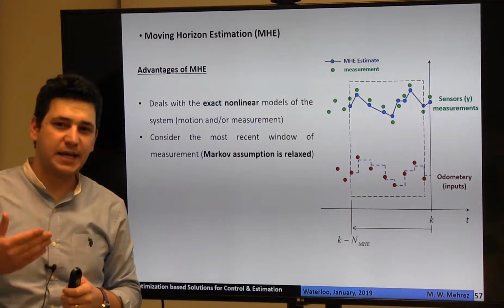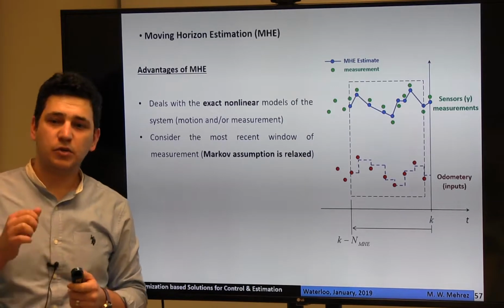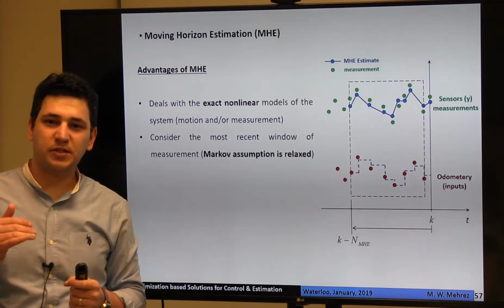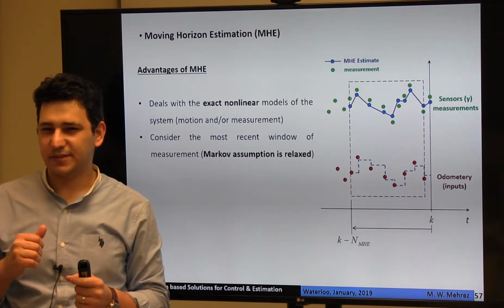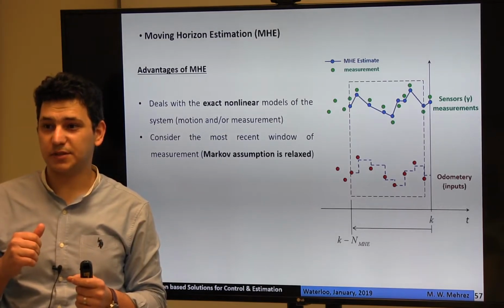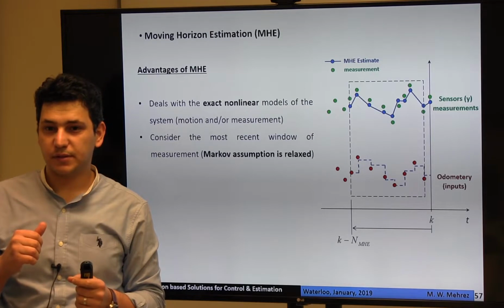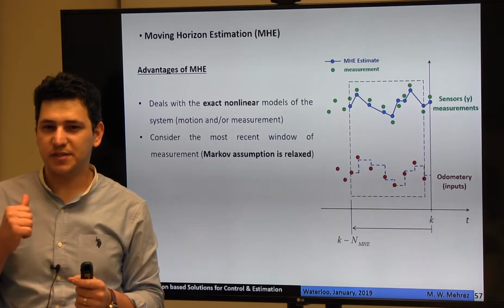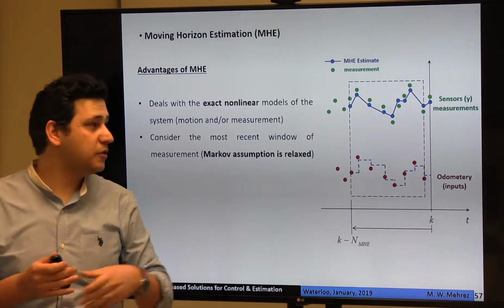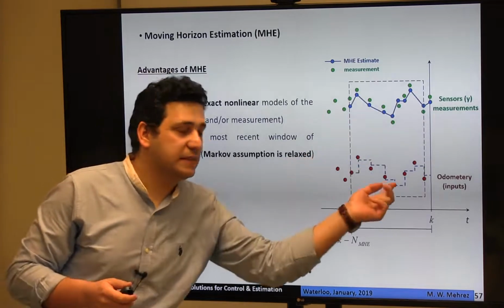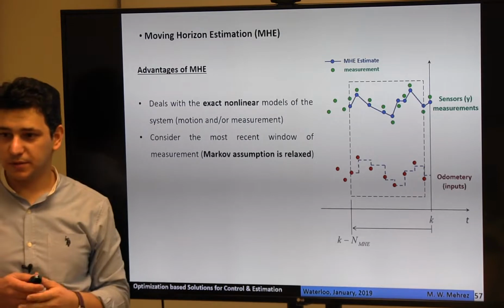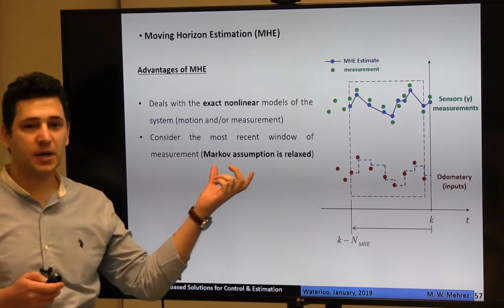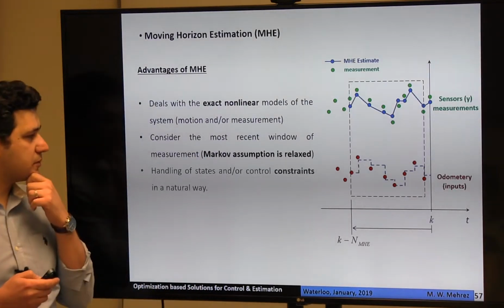So if you do KF or EKF, you update your estimate based only on your most recent estimate, right? That's the Markov assumption. You look at your most recent estimate and you build up on that. But here you're looking at your most recent window of measurements, right? So this is what we mean by a relaxation of the Markov assumption, right?